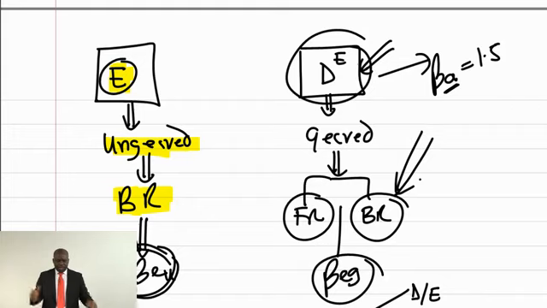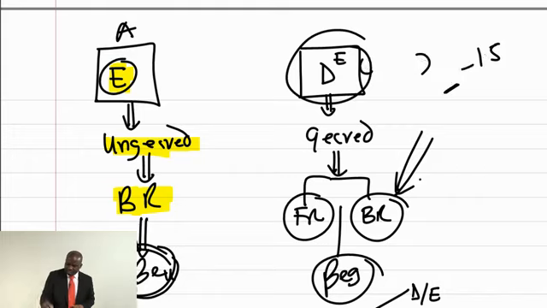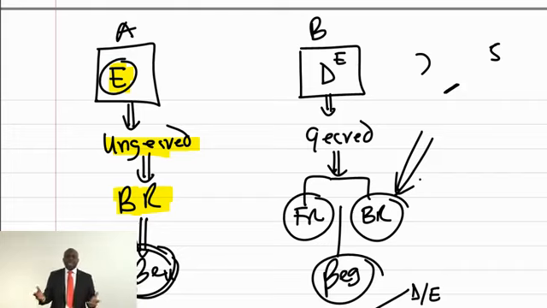So assuming these two companies, let's say this is company A and this is company B. A and B are similar in all respects, with the exception that B is geared and A is ungeared. The meaning is they all face the same business risk. As long as we are in the same industry, the assumption is we face the same business risk.